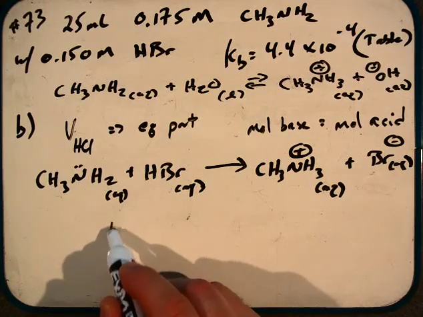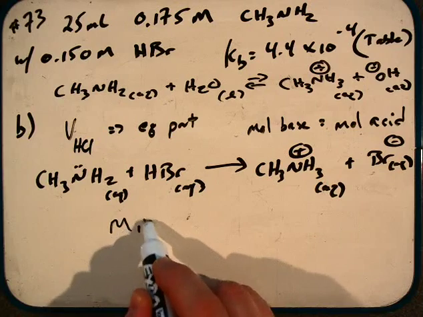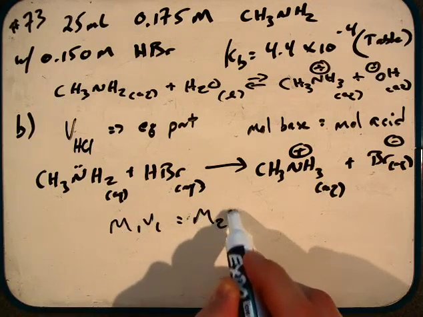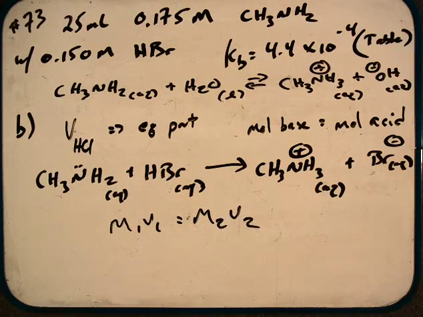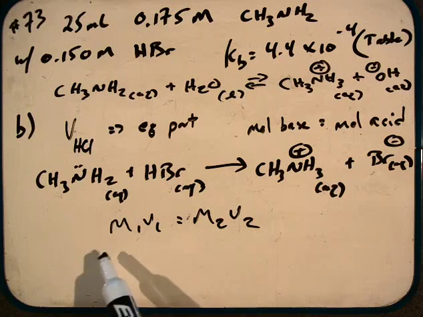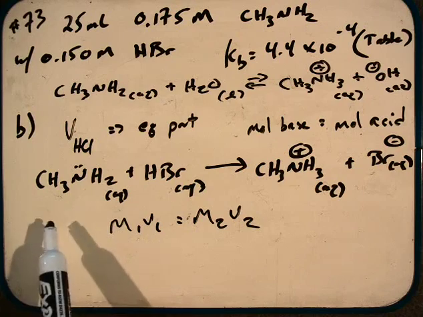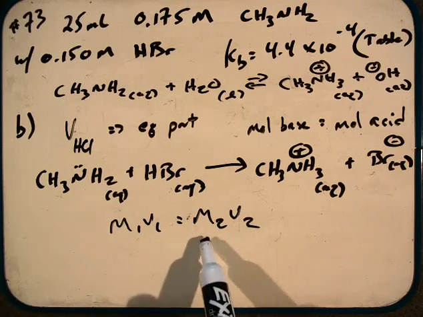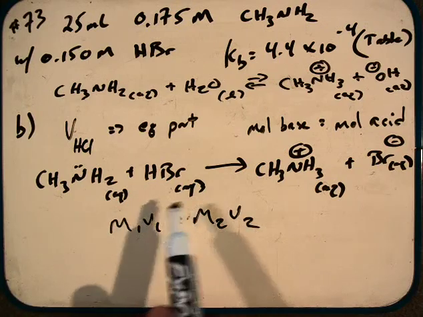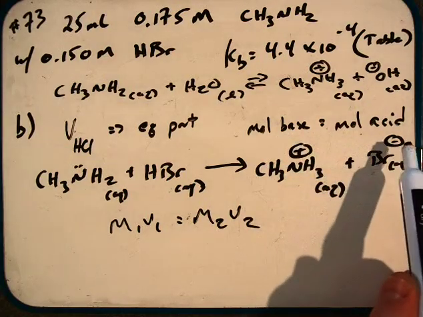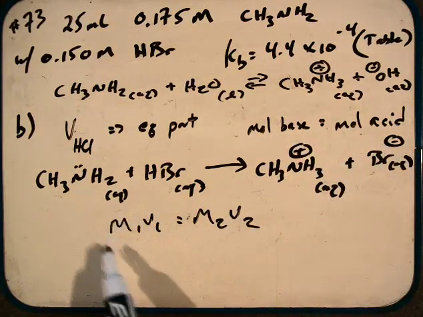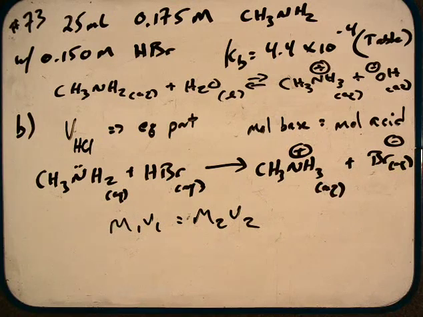So this is basically this type of setup. If we have a molarity and a volume of our base, that's going to equal the molarity and volume of my acid, because we want the moles of base to equal moles of acid. And that's what we get when we multiply molarity by volume.